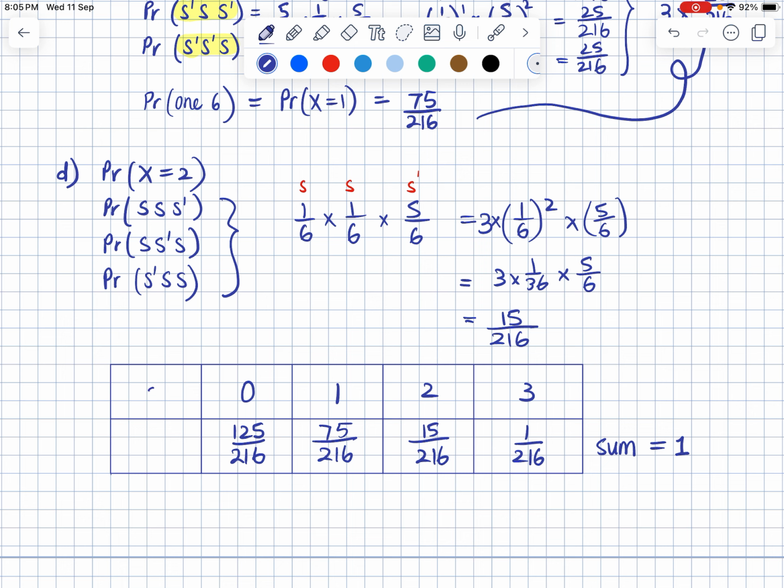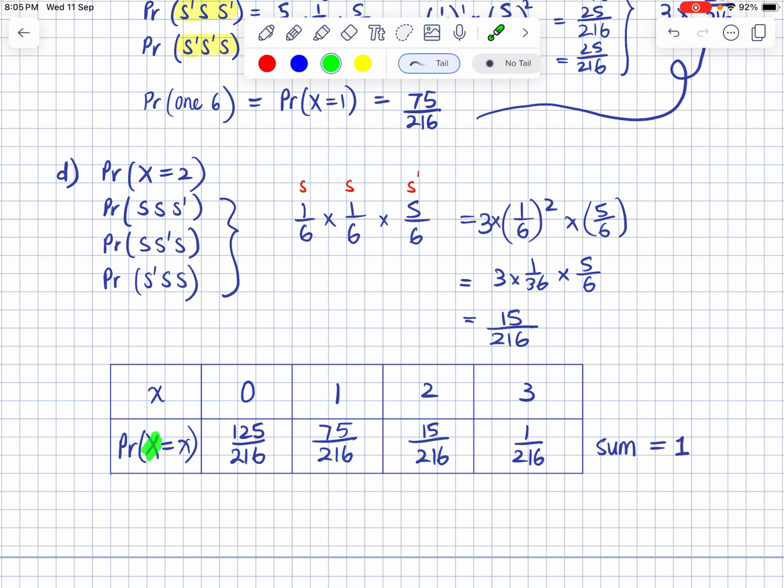So we're going to call these values x. These are the possible values that you could get, the possible number of 6s that you could get when you roll a dice 3 times. And the bottom here, this is the probability that rolling a 6 is equal to whatever the number is in the top row.